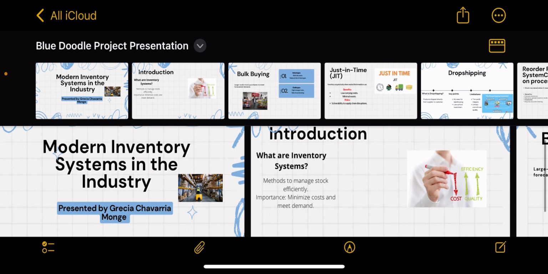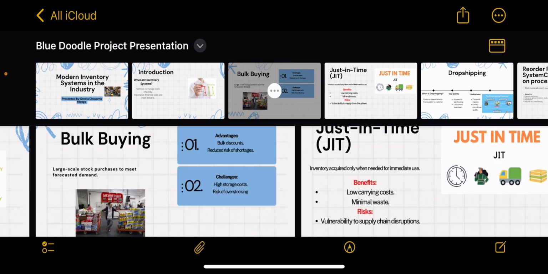We are going to start with bulk buying. Bulk buying is a large scale stock purchase to meet forecasted demand, which reduces the risk of shortages. An example is Sam's or Costco.